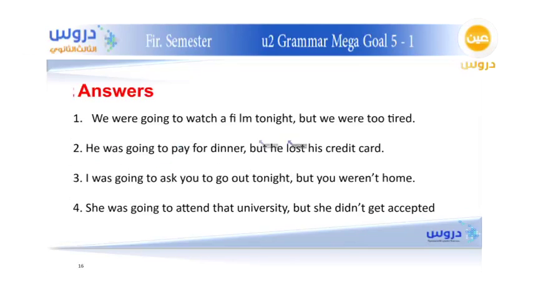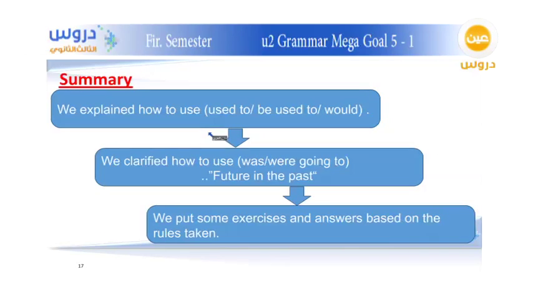Those are the completions of the first part of the sentences. Number 3, I was going to ask you to go out tonight, but you weren't home. And number 4, she was going to attend that university, but she didn't get accepted. So here are the answers to those questions.